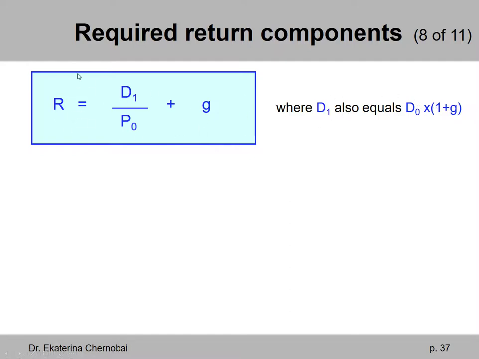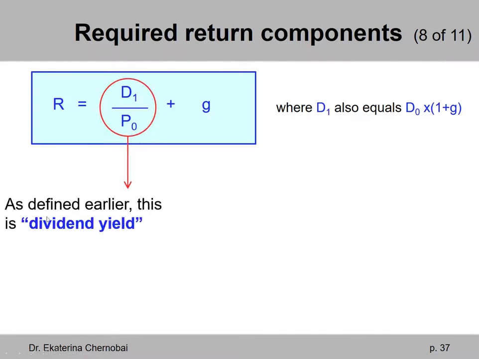So let's look closely at this rearranged formula. R equals D1 divided by P0 plus G. What is the meaning of this first term? Next year's dividend divided by the price per share today. Well, this is exactly what we called dividend yield on one of our recent slides.